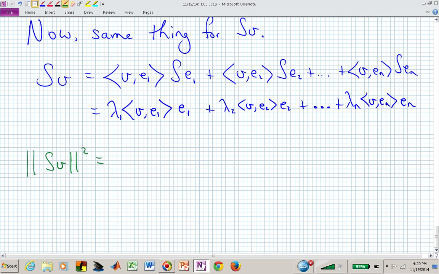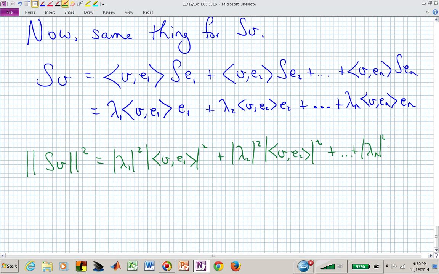I'm going to take lambda 1's absolute value and square that, and then multiply that by the square of the inner product of V with E1. Meaning I now have lambda 1 squared times the absolute value of VE1 squared, plus lambda sub 2 squared times VE sub 2 squared, plus lambda sub n squared times VE sub n squared.